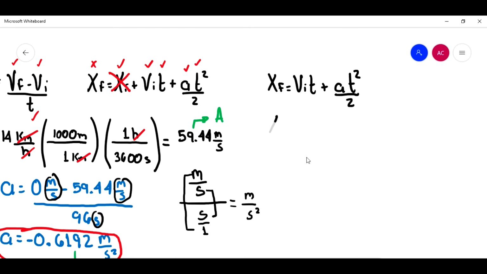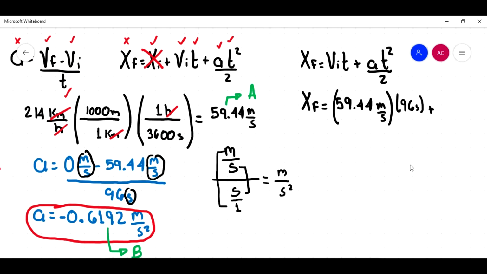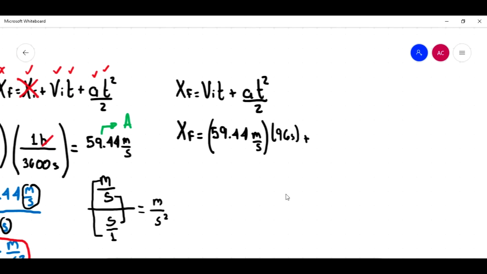Okay, so let's substitute. The initial velocity is 59.44 meters per second times 96 seconds plus the acceleration, minus 0.61. I'm just going to use 2 decimals.